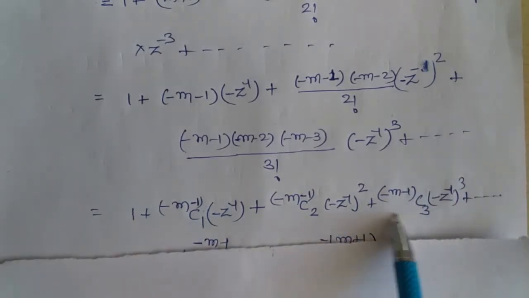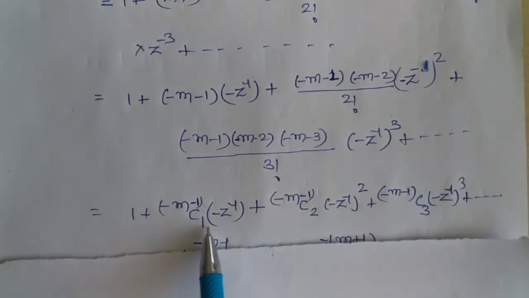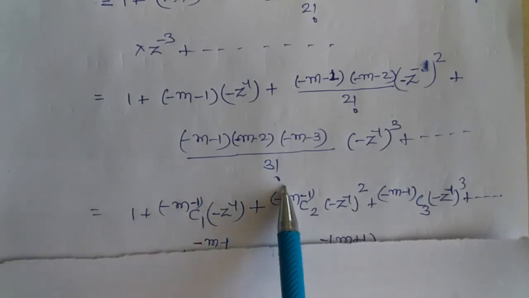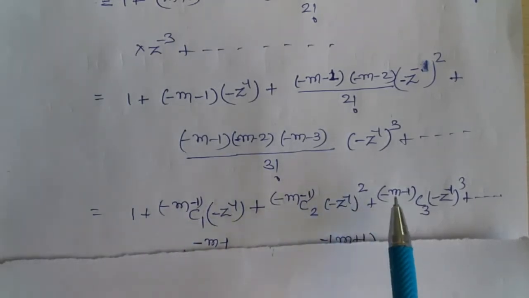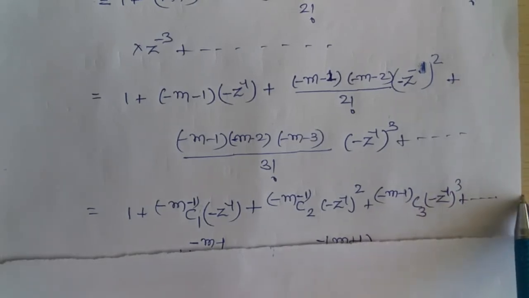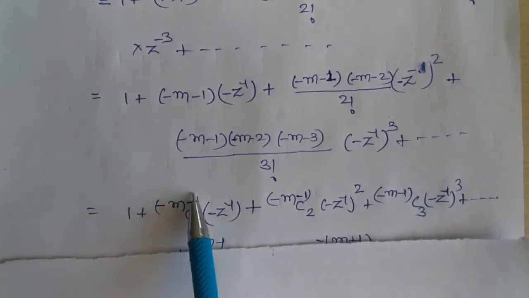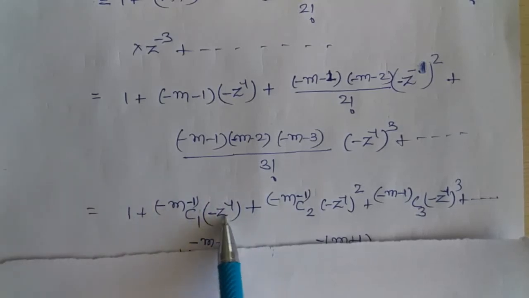So this expansion is the binomial expansion, like 1 plus mC1 x plus mC2 x square plus mC3 x cube and so on. So the value of m is minus m minus 1 and the value of x is minus z inverse.